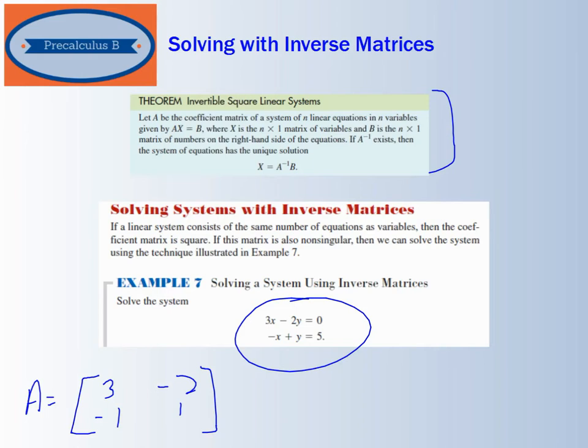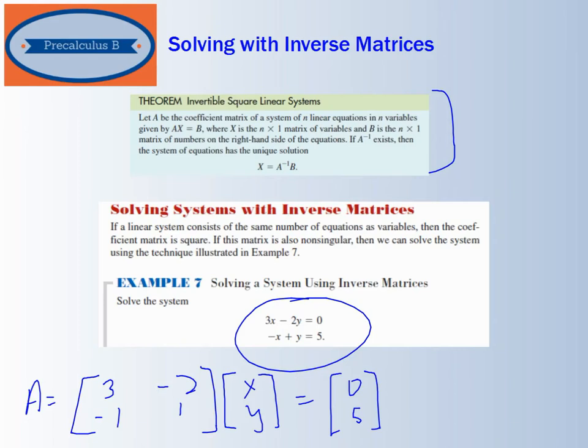If I were to take that and multiply that times a matrix that has x and y as its elements, that should yield what's on the right-hand side, 0, 5. Because if I were to take 3x plus a negative 2y, it would give me 0. This is just how matrix multiplication works. So if I take the coefficients times the variables, it will yield the overall output.